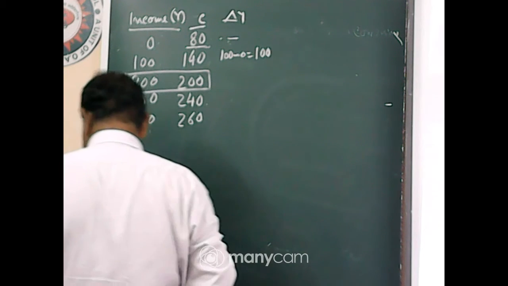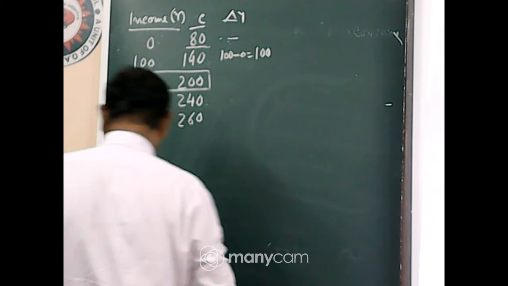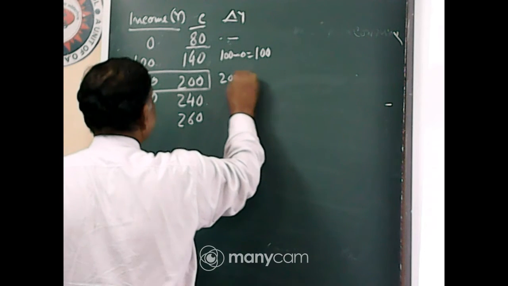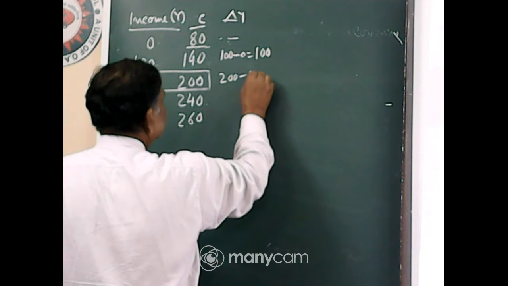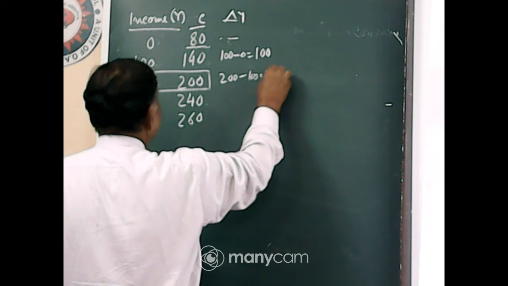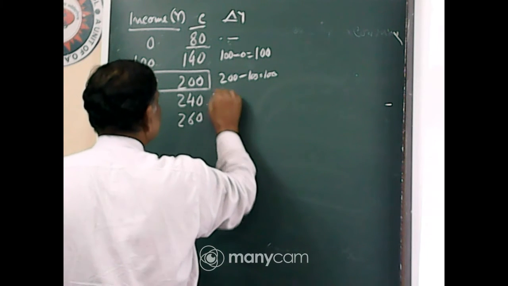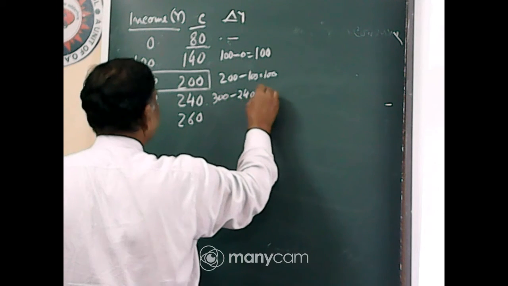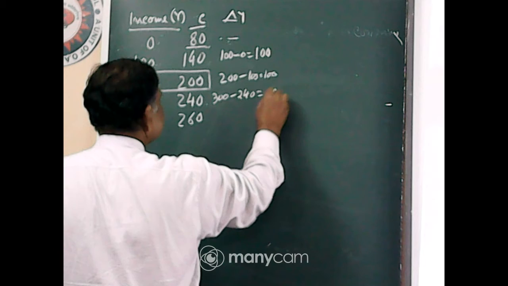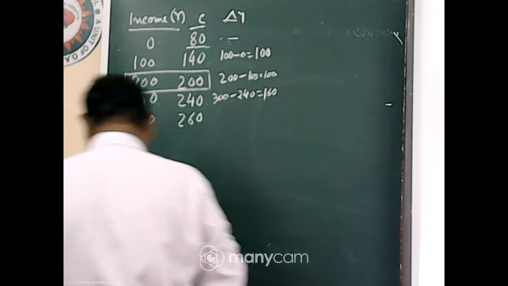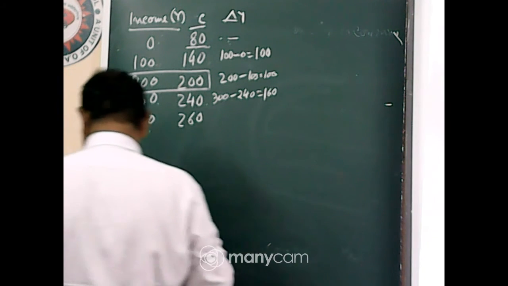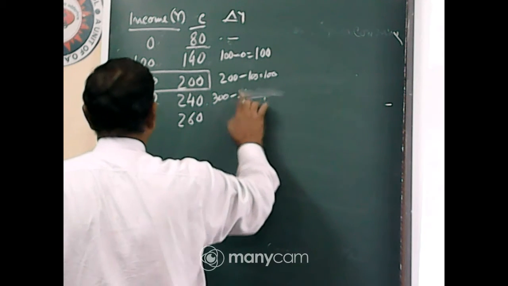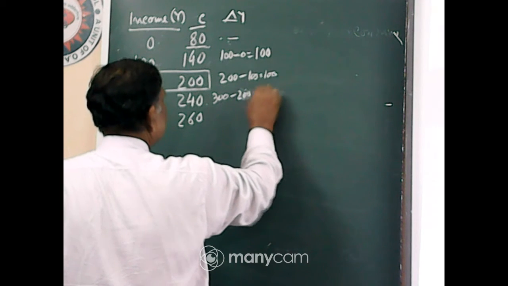This is delta Y. And this minus this, 200 minus 100 is equal to 100. 300 minus 200, so it is also 100.